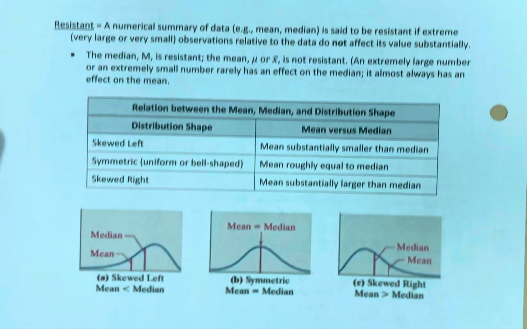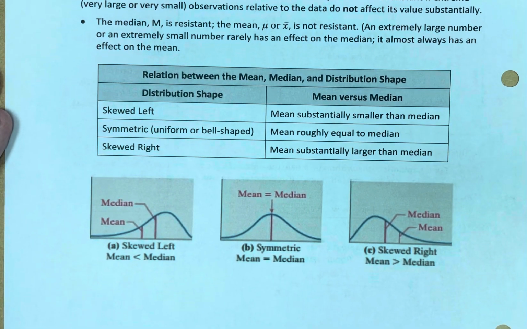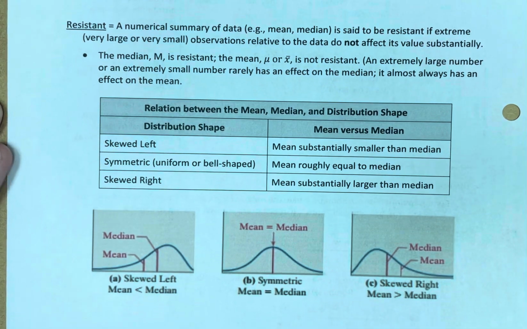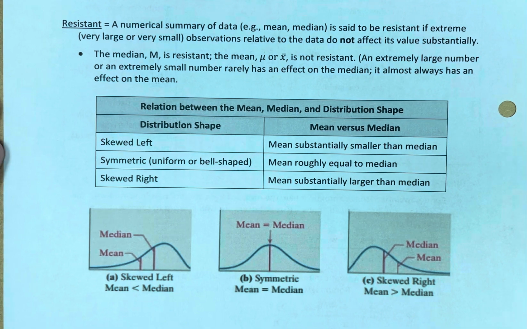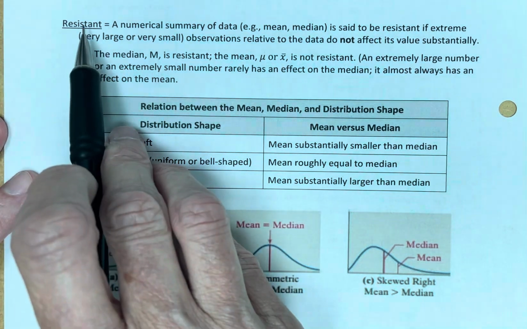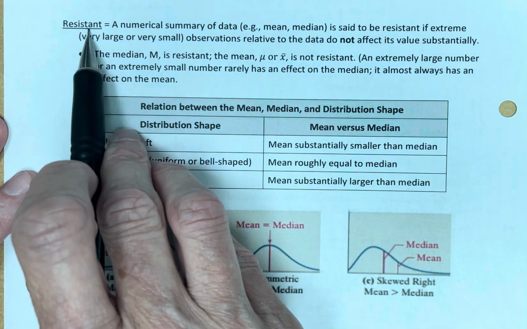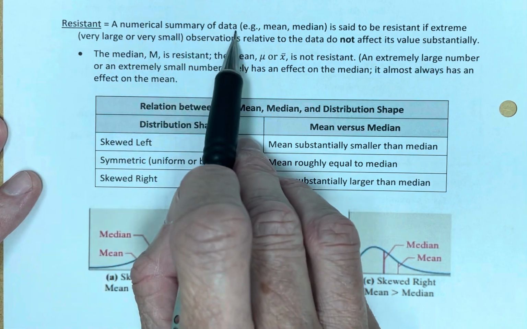Okay, let's talk about how the mean, median, and mode look with our distributions, and see this graphically. The word resistant in statistics describes a numerical summary of the data.